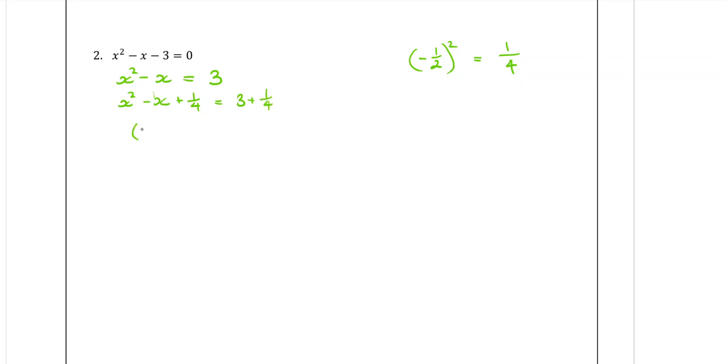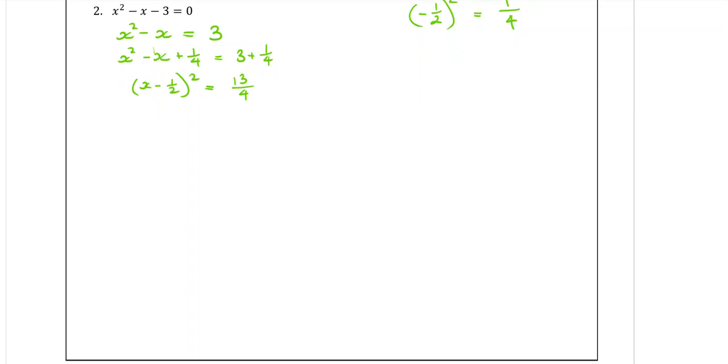Factorising the left, I get x minus a half in brackets squared. Simplifying the right, 3 plus a quarter is 3 and a quarter, but I prefer to have an improper fraction, so I'm going to leave that as 13 over 4. Then I get rid of the squared on that bracket.